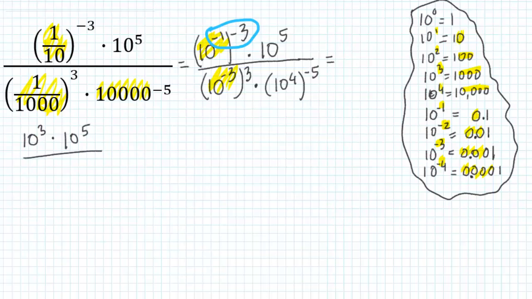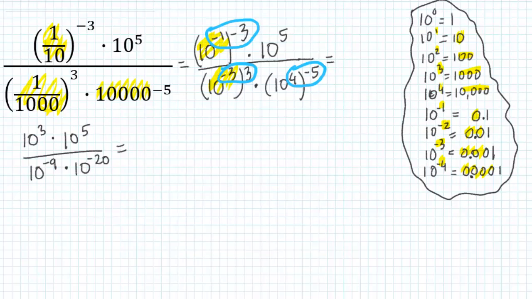In the bottom we have negative 3 power and then to the third. Power to a power means we multiply those two powers. So we end up getting 10 to the negative 9. And finally we have 10 to the fourth and then to the negative fifth. We multiply these two powers and end up with 10 to the negative 20.